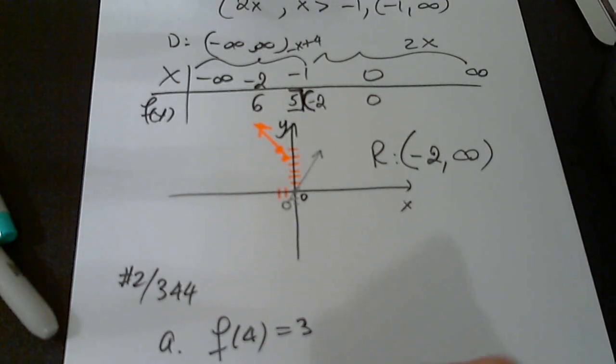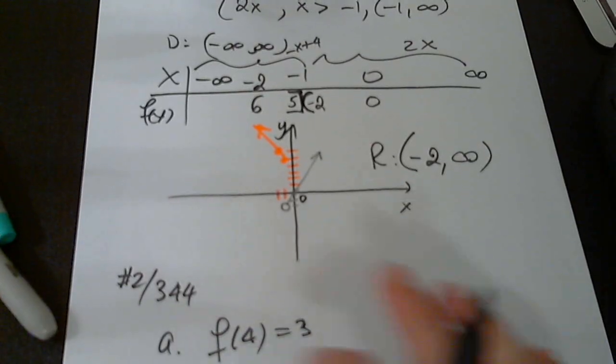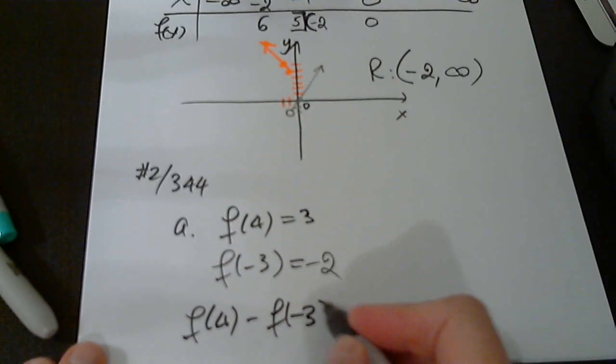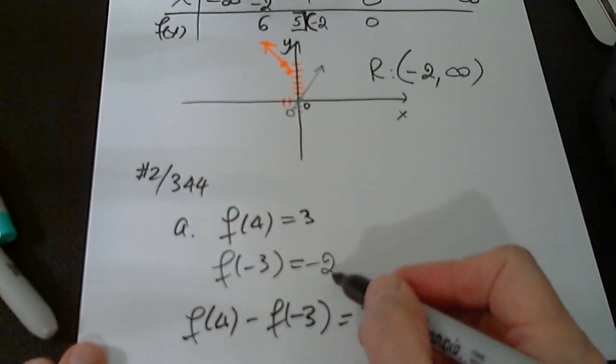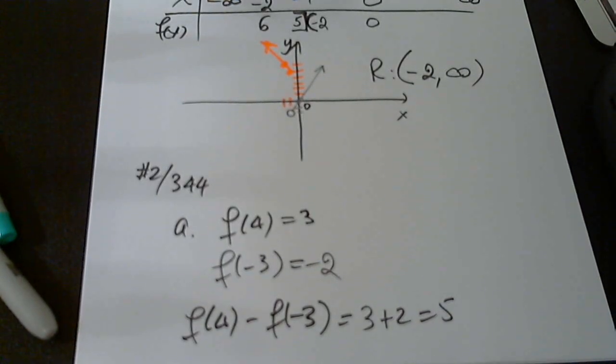Excellent. And now they want to scare us by asking us to determine f of 4 minus f of negative 3. Not a problem. F of 4 minus f of negative 3 is 3 minus negative 2. So this is 5. And that's done.